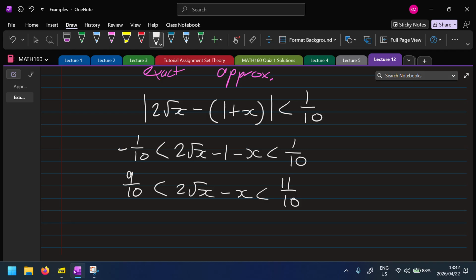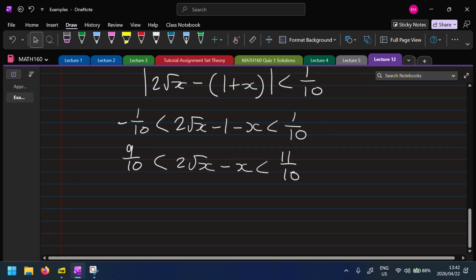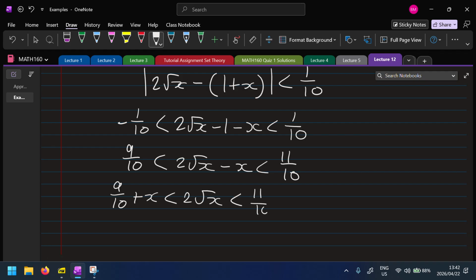Then if we square both sides, that gets rid of the root. So that x in the middle there, let's add it on both sides so we can isolate that root term. Now that it's isolated by itself there, if we square both sides, that gets rid of the root.